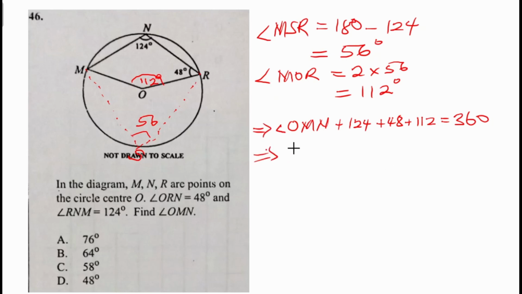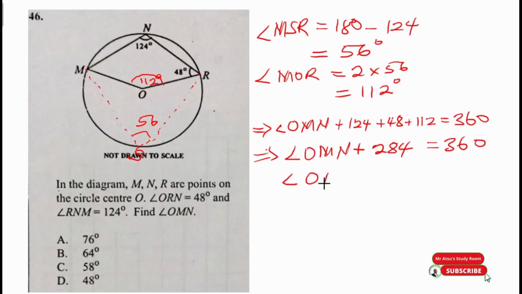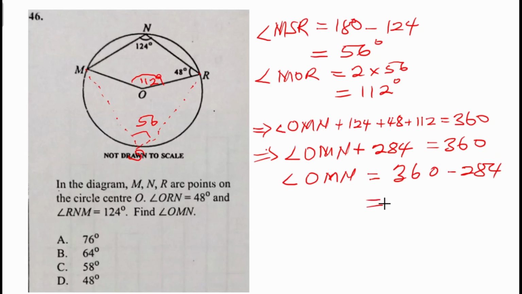So angle OMN plus 124 plus 48 plus 112 will give us 284, equals 360. Subtracting 284 from both sides, we're going to have 360 minus 284, and that will give us 76 degrees, and that is option A.